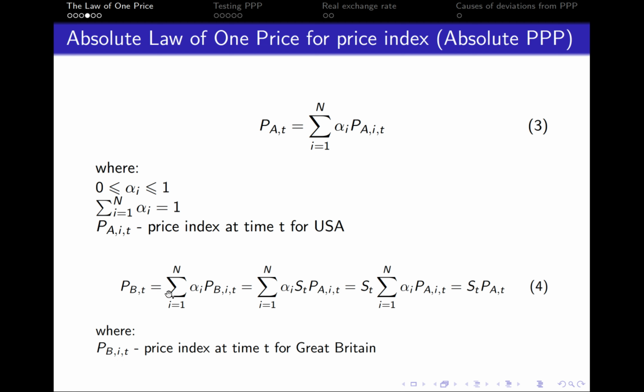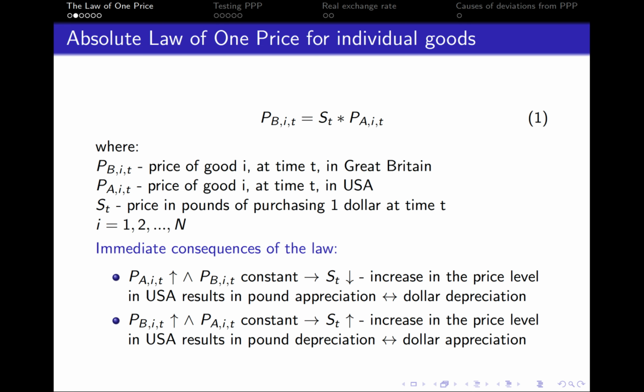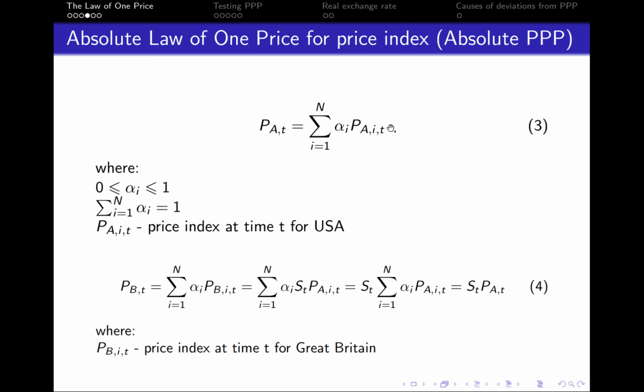Okay, so look, let's summarize what we said until now. We've got the absolute law of one price for individual goods. All right. Now we see that there are some immediate connections between prices and exchange rates stemming just from this equation, and we see that it also holds for price indices in exactly the same way.